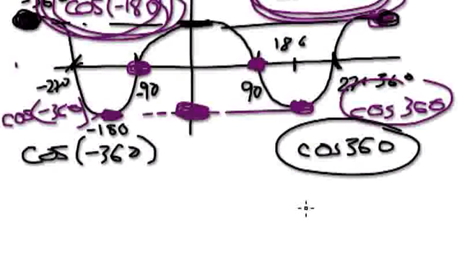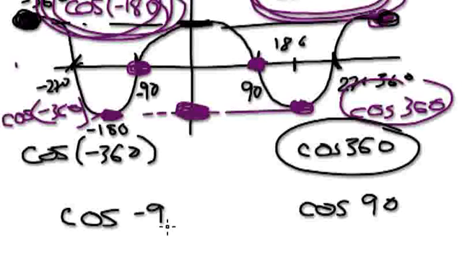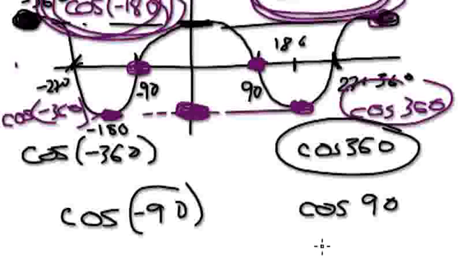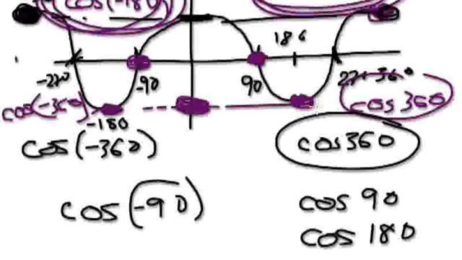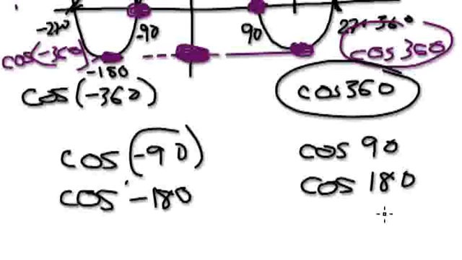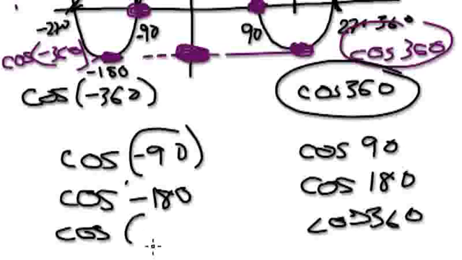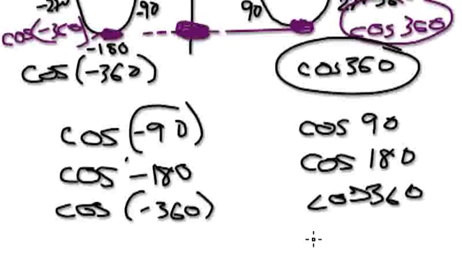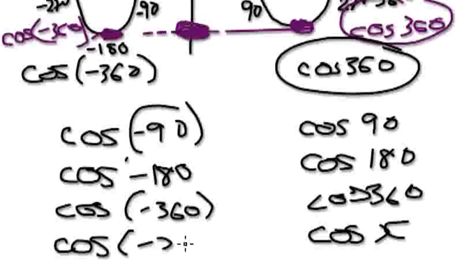So far we've got cosine 90 the same as cosine negative 90, and cosine 180 the same as cosine negative 180. If you continue this all day long, cosine of 360 is the same as cosine of negative 360. Maybe, just maybe, cosine x could be the same as cosine negative x.